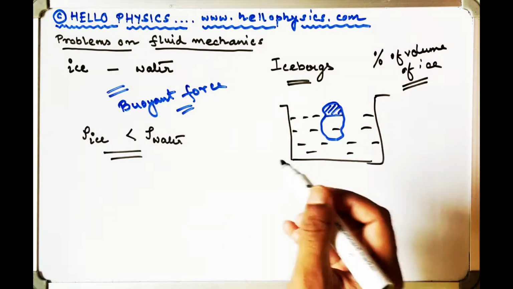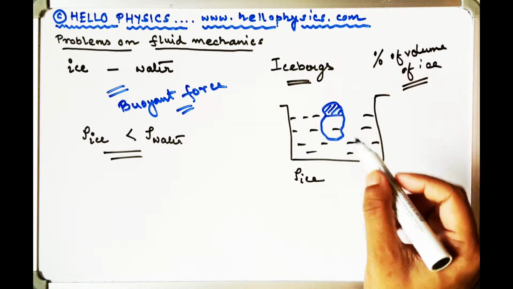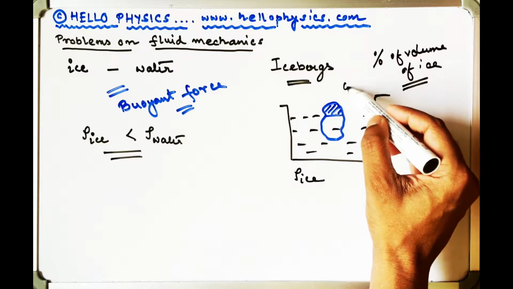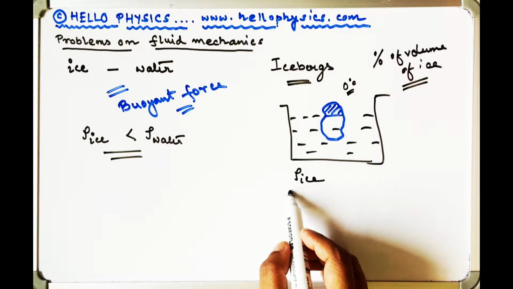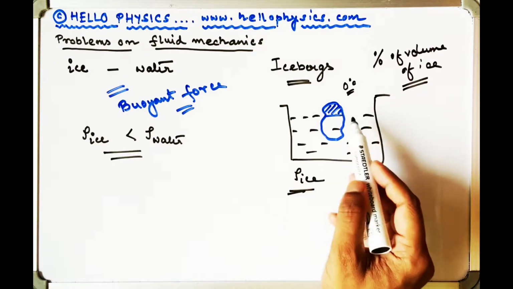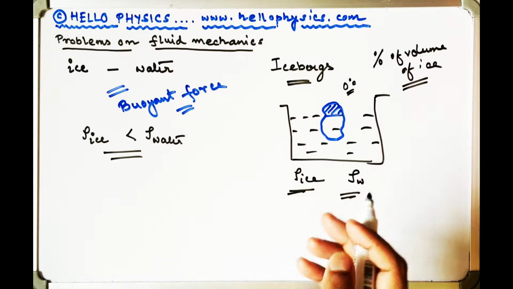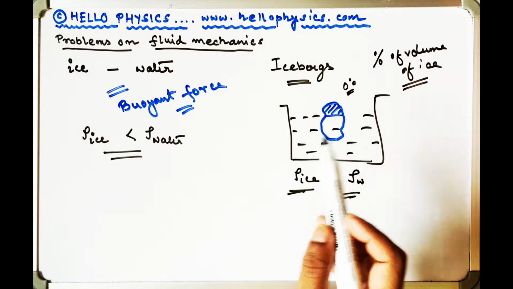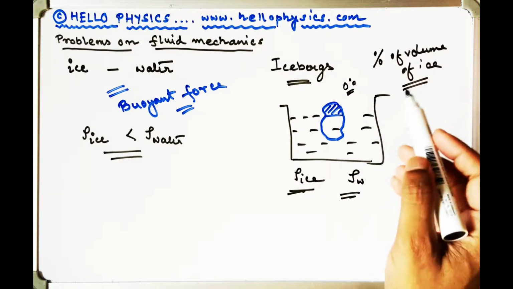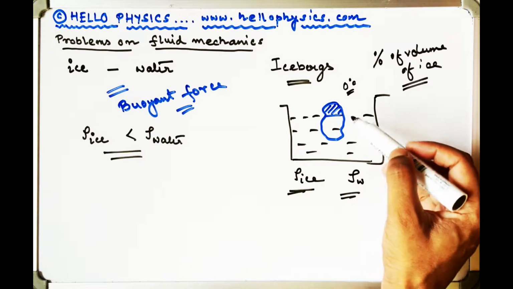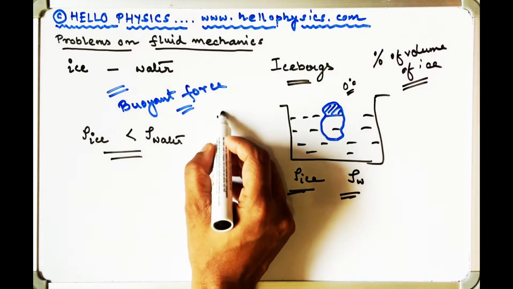You have been given the information that, let's assume the ice is at 0 degrees Celsius, the density of ice at 0 degrees Celsius is rho ice, and the density of water at 0 degrees Celsius is rho W. Given this information, you have to find out what is the percentage of volume of ice which is above the surface of the water. This is the first part of the problem.